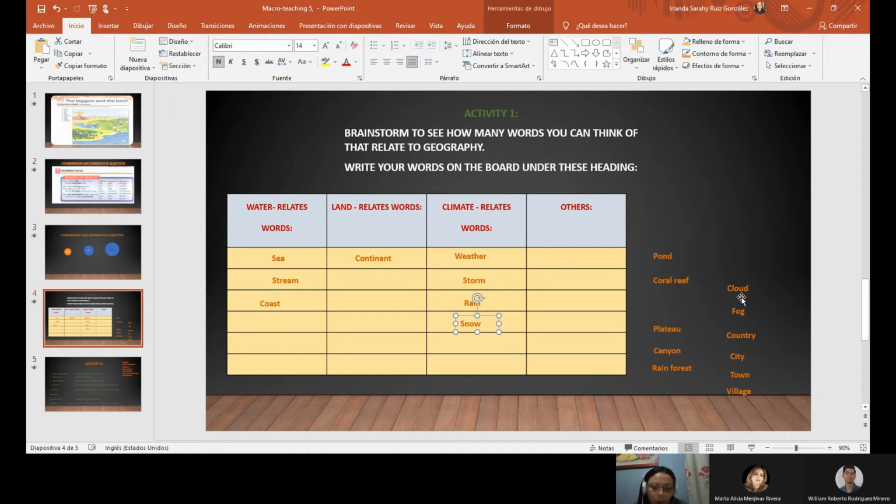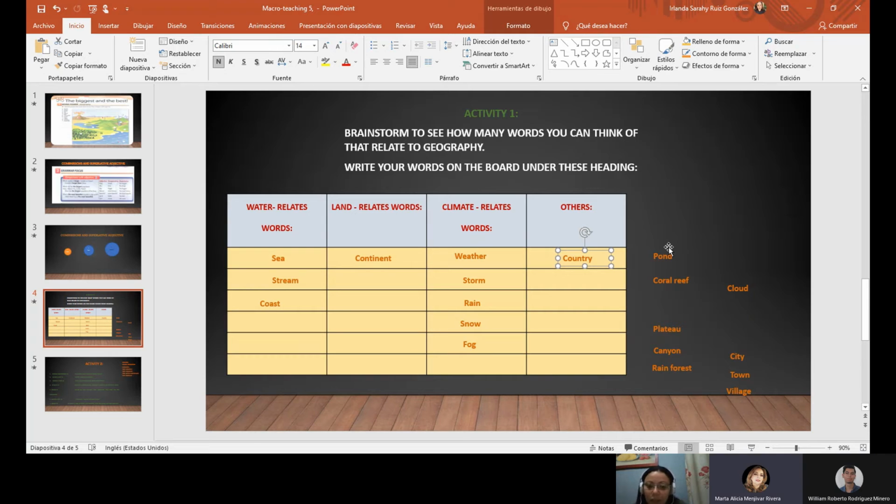And what about fog, Marta? Fog is related with climate as well. You're right. And what about country, William? That's a tricky one. I think it is in others. You're right, perfect.